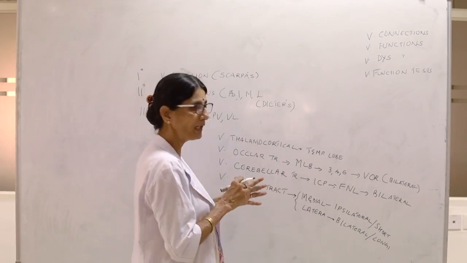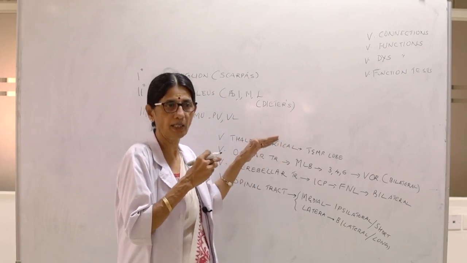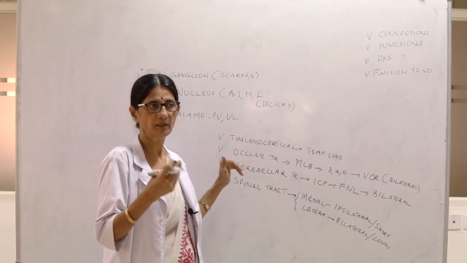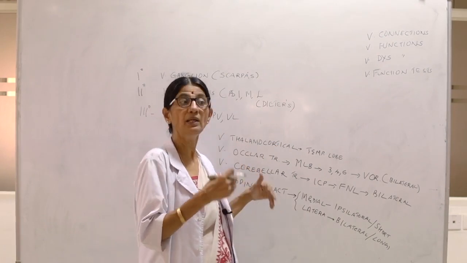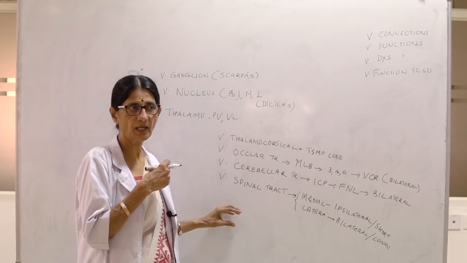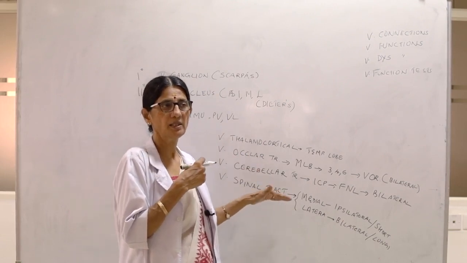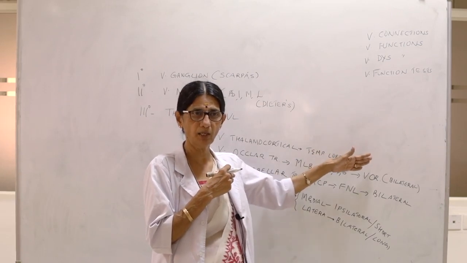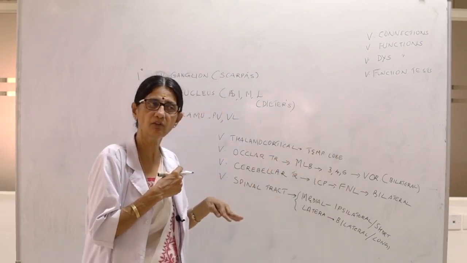So accordingly, whenever there is a movement of the head, it will be detected by the semicircular canals or the utricular and saccular maculae, depending upon the type of movement that the head produces. At the same time, the signals will go in such a way that one group of extraocular muscles on one side will be inhibited, and the other group of muscles on the other side will be excited.